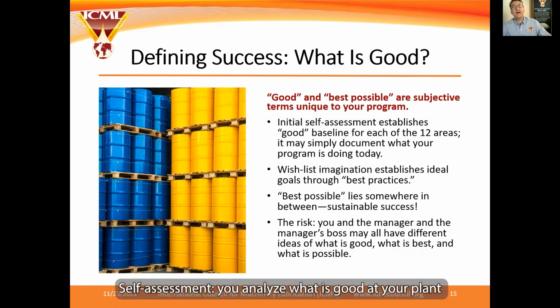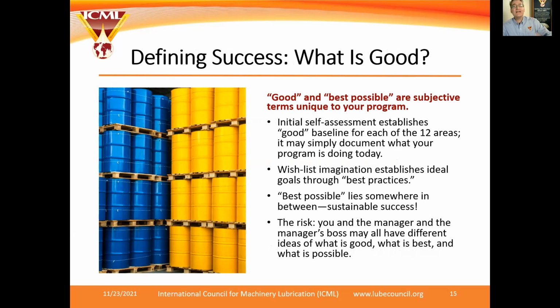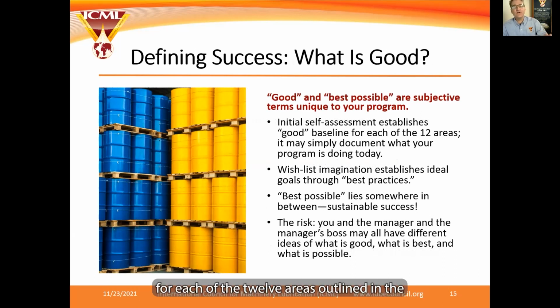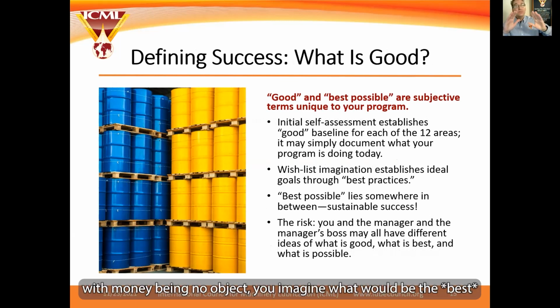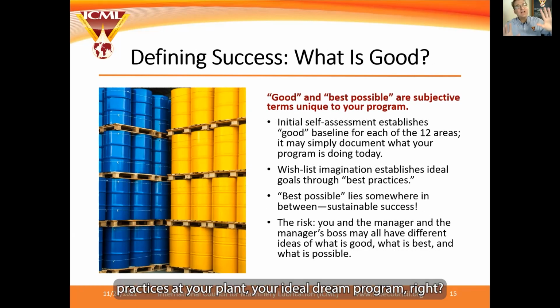Self-assessment. You analyze what is good at your plant right now, and you're going to do this for each of the 12 areas outlined in the 55.1 standard. So you establish what's good through a self-assessment process. And then, with money being no object, you imagine what would be the best practices at your plant, your ideal dream program, right?